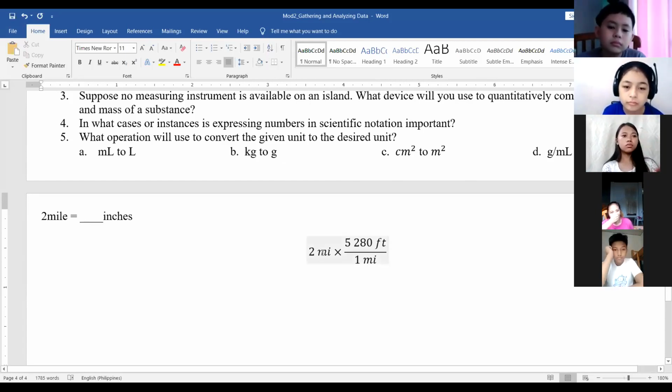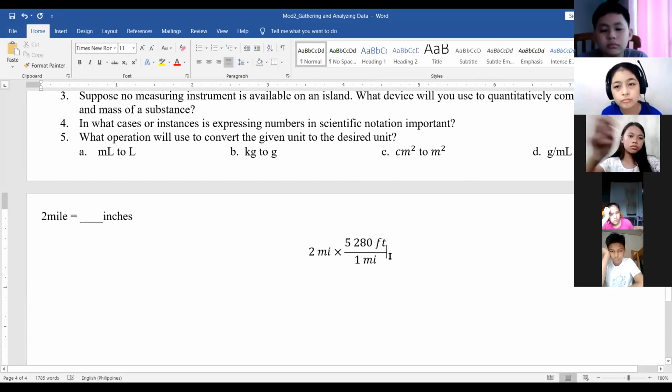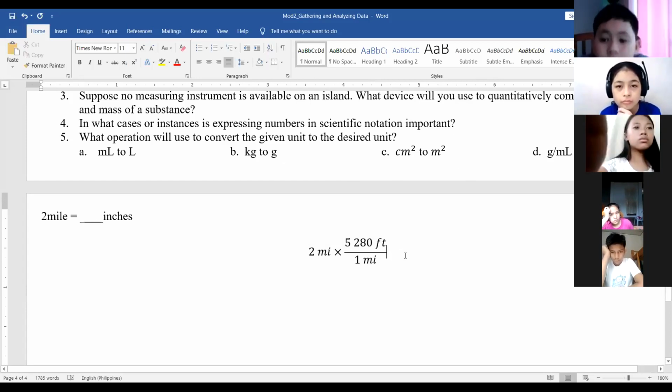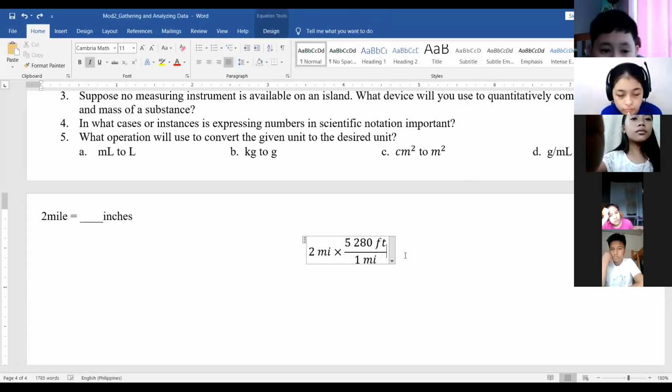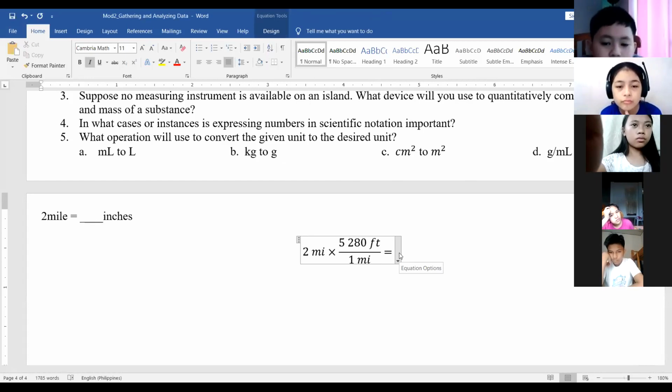In the same manner here, we are going to cancel the miles later on. But our target is not that value. So let's equate this one first, class. What is the equivalent value if we're going to multiply 2 times 5,280?